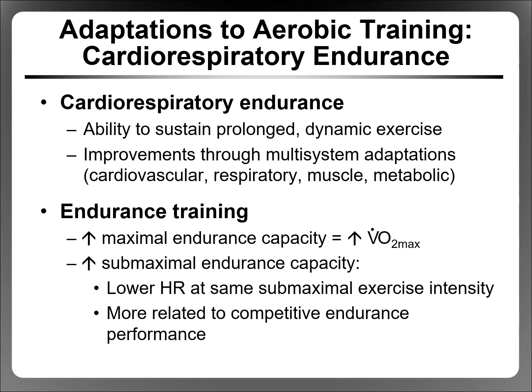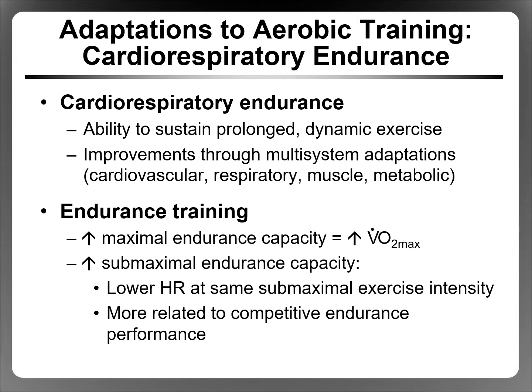So when we train our cardiovascular system, we are trying to build up what we refer to as cardiorespiratory endurance. By definition, this is the ability to sustain a prolonged dynamic exercise at the given intensity that I would like to complete it at. If I want to actually improve my cardiorespiratory endurance, I'm going to have some multi-system adaptations.